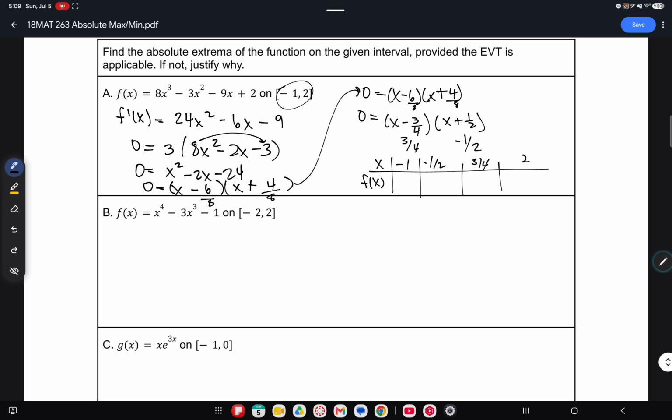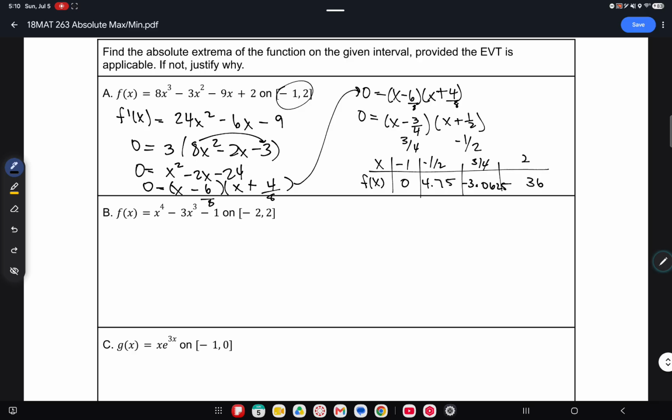All right, so if I plug in negative 1 into the calculator, I get 0. If I plug in negative 1/2, I get 4.75. Plug in 3/4, I get negative 3.0625. And if I plug in 2, I get 36.